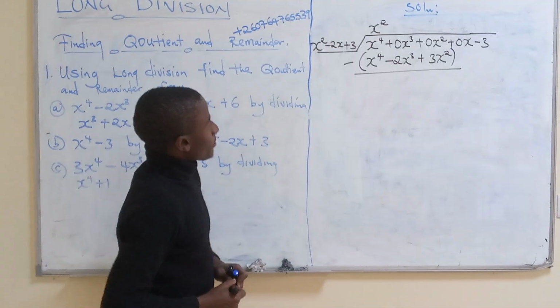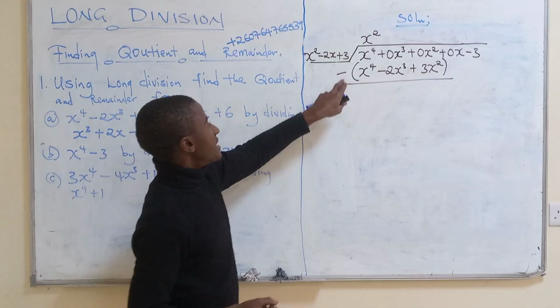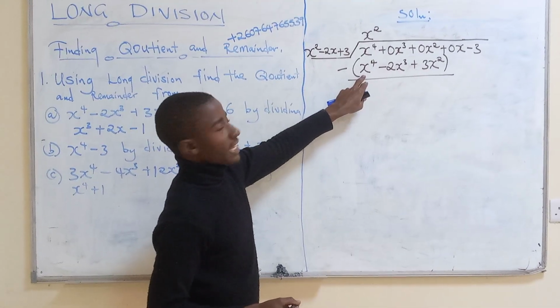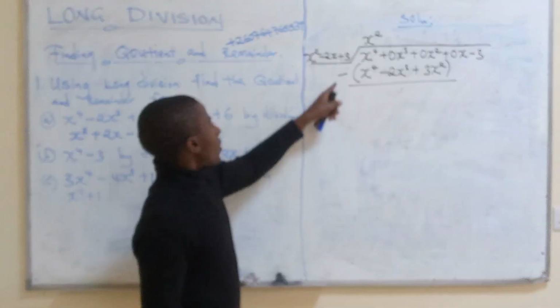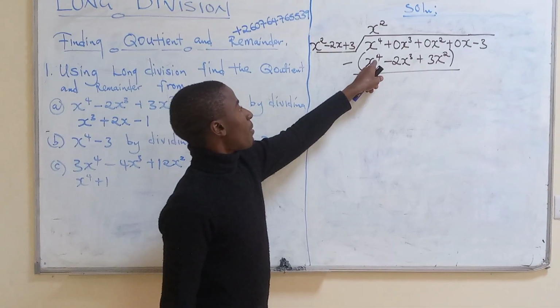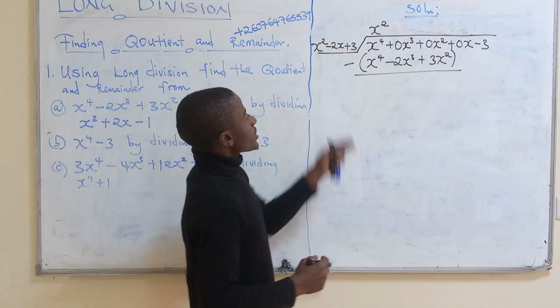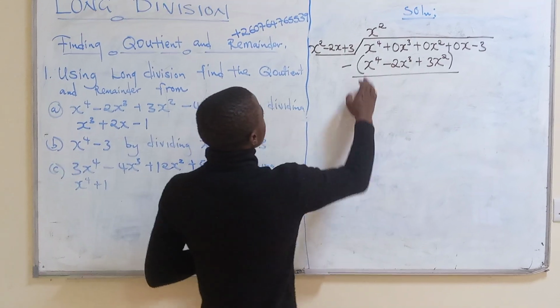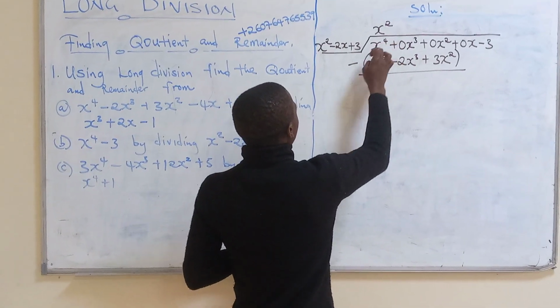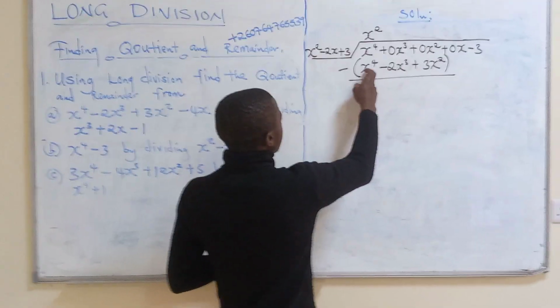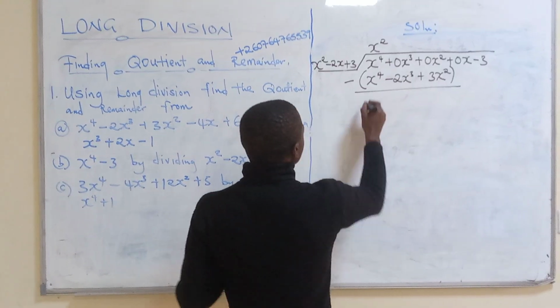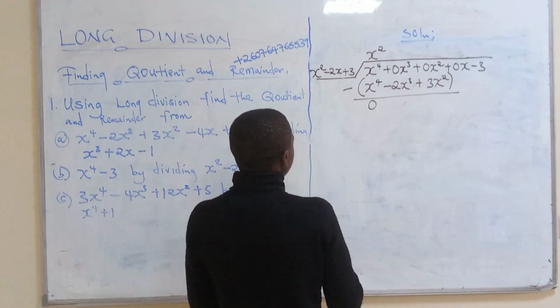From here, I'm going to multiply this negative with everything inside the brackets. So negative times x to power 4, that is negative x to power 4. When you subtract x to power 4 minus x to power 4, you are going to get 0.